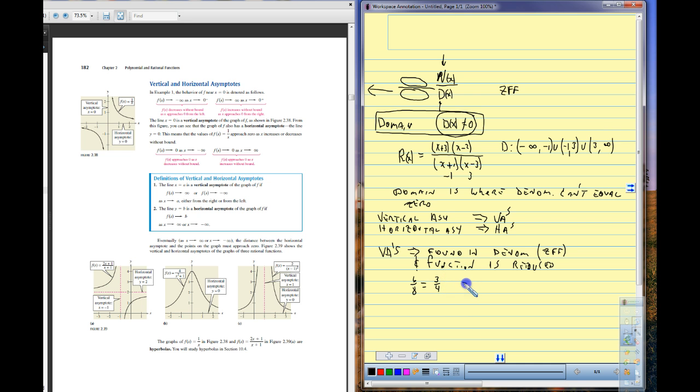So if I had x plus 2 times x minus 2, and under here x minus 2 times x plus 4, we see we have a common factor, so we could rewrite this function as x plus 2 over x plus 4, as long as x doesn't equal 2.